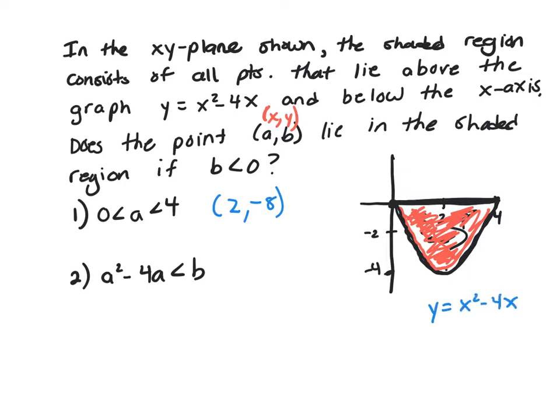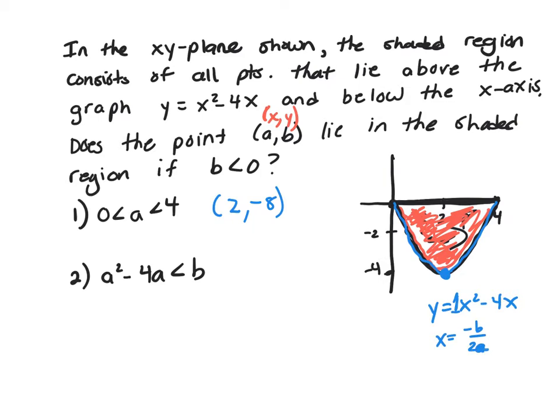This is a parabola, and because the leading coefficient on your x squared is positive, it means your parabola opens up. And your parabola starts at something called the vertex. There's a special formula to find the vertex. To find the x coordinate of the vertex, the formula is x equals negative b over 2a.